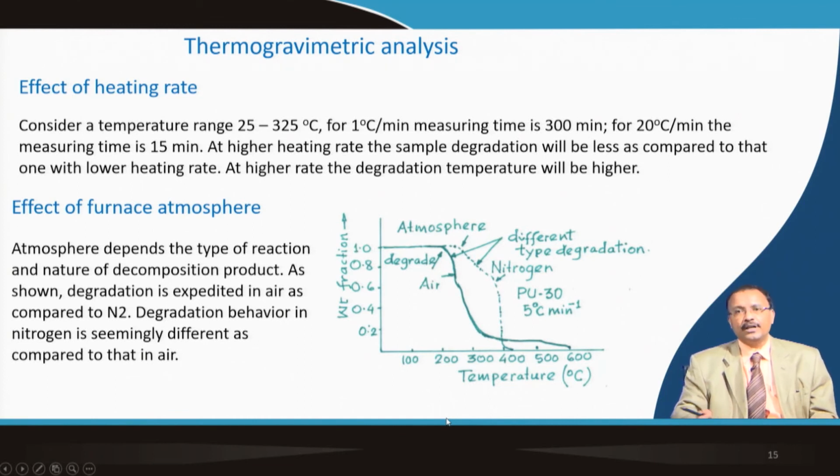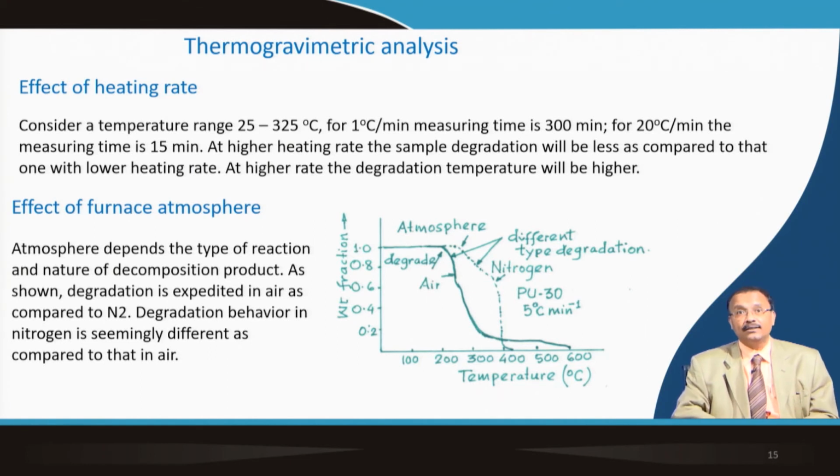In the temperature range, if you consider 25 to 325 degrees Celsius, with a heating rate of 1 degree Celsius per minute, the measuring time is 300 minutes. If you change the heating rate to 20 degrees Celsius per minute, the measuring time is only 15 minutes.